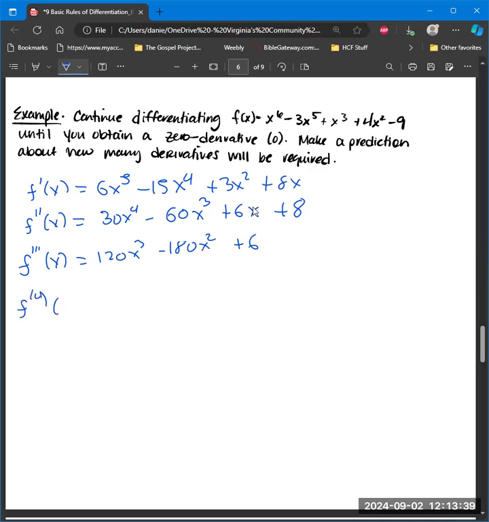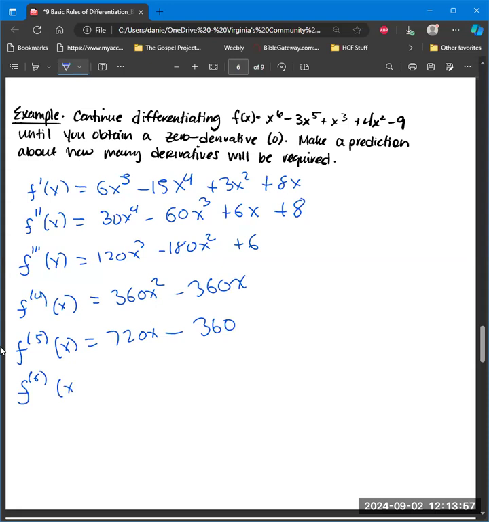Fourth derivative is going to be 360x squared minus 360x. Fifth derivative is going to be 720x minus 360.